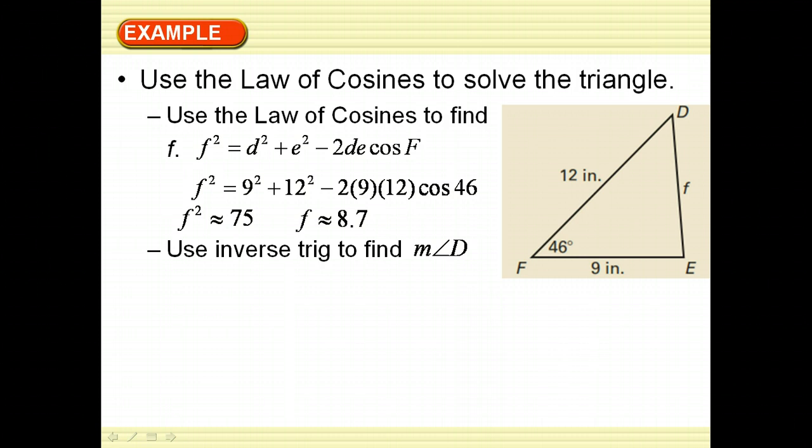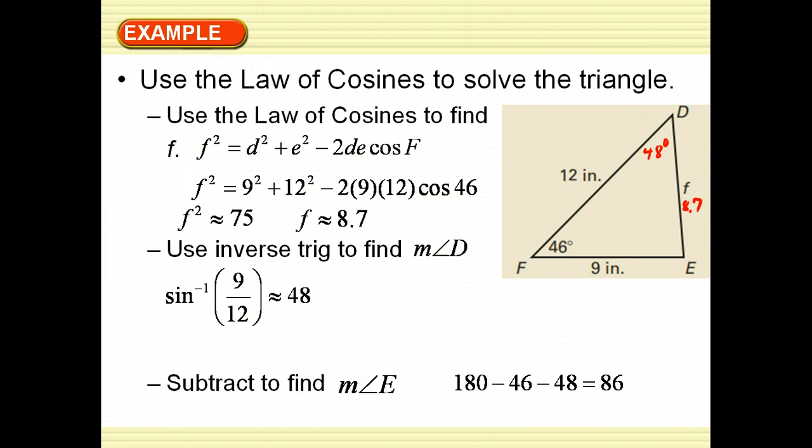Opposite and hypotenuse is sine, so I will use the inverse of sine of 9 over 12 and get that that's approximately 48. So I've got that this is about 48 degrees. I've got this is about 8.7. So the only thing I'm missing is angle E, and I can get that by subtracting. I find out that angle E is 86. So now I have all angles and all sides, and I have solved this triangle.